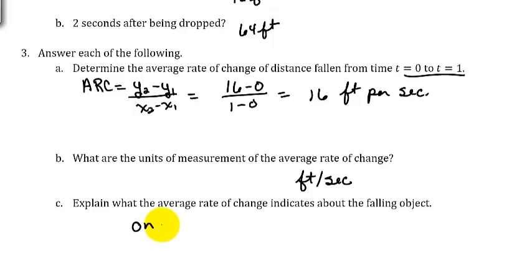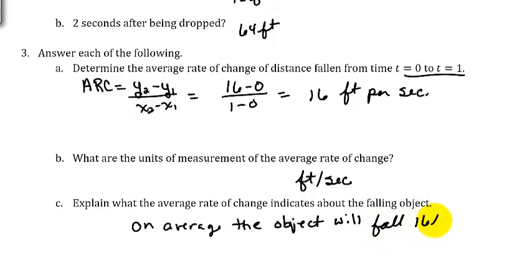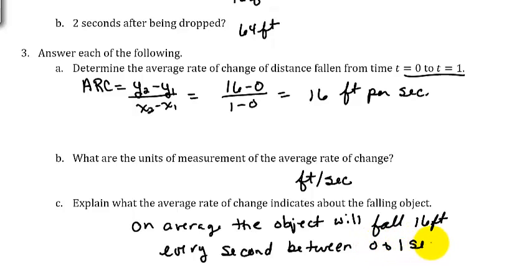So on average, the object will fall 16 feet every second between 0 and 1 second.